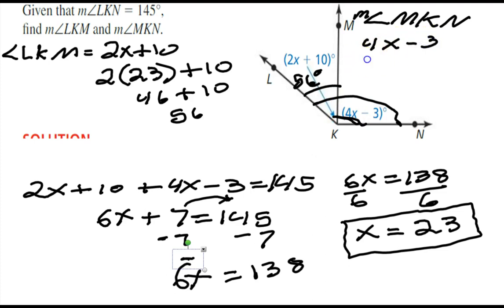You're going to plug in 23. 4 times 23 is 92, if I did the math right in my head. Yep, 92 minus 3 is 89. And so that is 89 degrees from here to here.